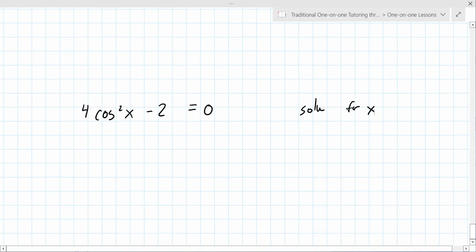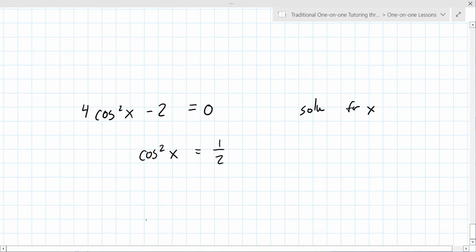Did you get it down to cosine squared x equals 1/2? Yeah.